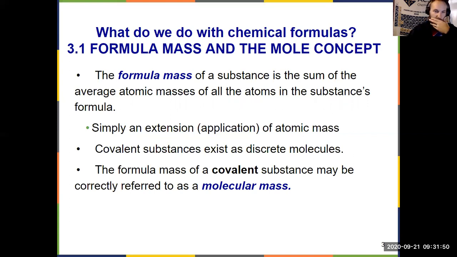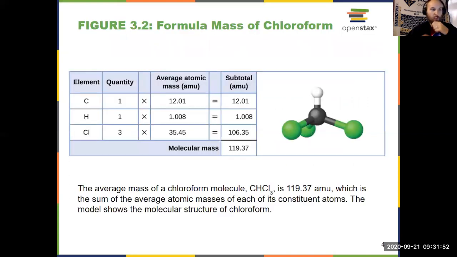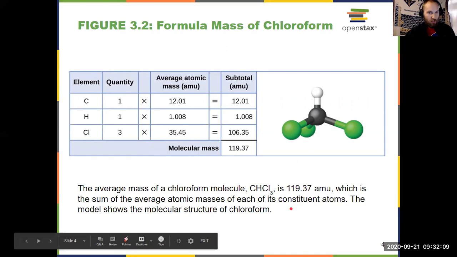So how do we do that? Right? If we look at this slide here, we're trying to calculate the mass of chloroform, right? If you're asked to calculate the formula mass. Well, first we have to look at the formula. Right? At this level, I don't expect you to know exactly what that molecular formula is for chloroform. So I look down here at the molecular formula.